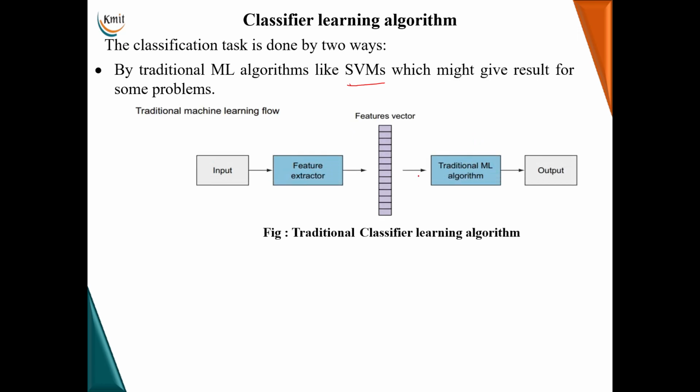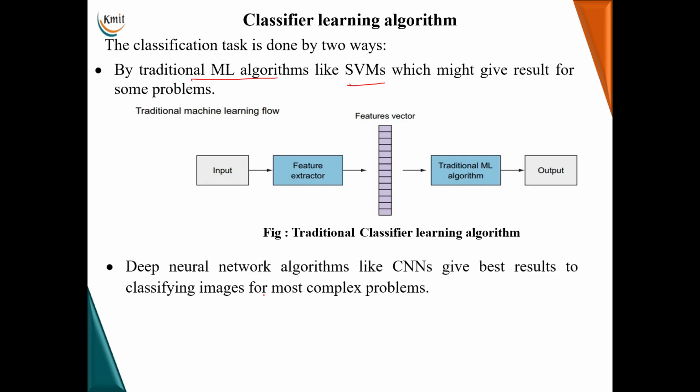Manually, the features are extracted by the data scientist in traditional machine learning algorithms. The next type of classification can be done by deep neural network algorithms, which make use of convolutional neural networks, and these CNNs have higher accuracy in classifying compared to traditional machine learning algorithms.